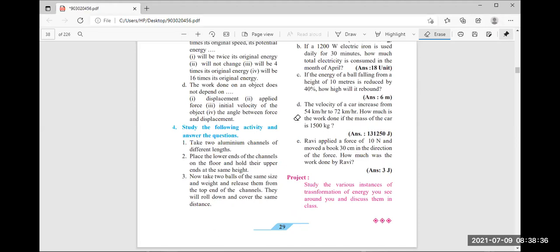Now listen to the answer. Law of conservation of energy is demonstrated using the activity. At the top of the channels, the total mechanical energy of the balls is in the form of potential energy. Now, as the balls roll down, they come into motion. This motion shows the balls now possess kinetic energy. The law of conservation states that energy cannot be created nor destroyed.